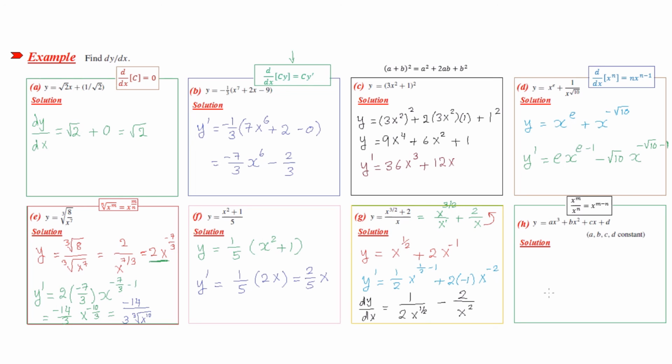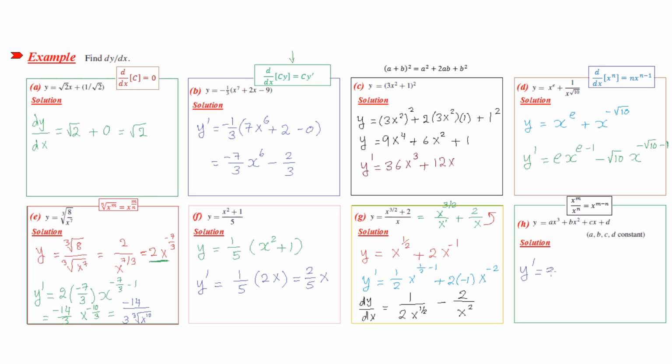For the last part h, we have y equals ax cubed plus bx squared plus cx plus d, and a, b, c, and d are constants. So you can directly find the derivative because the function is in simplest form. So y prime equals, you have to put the exponent down for all terms.